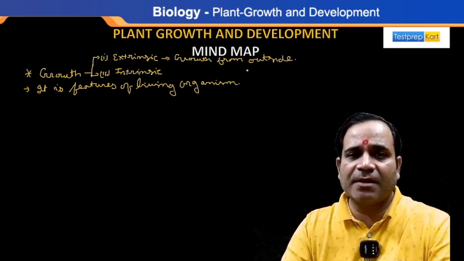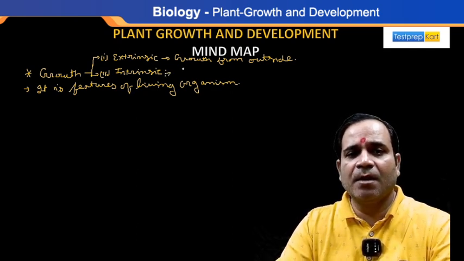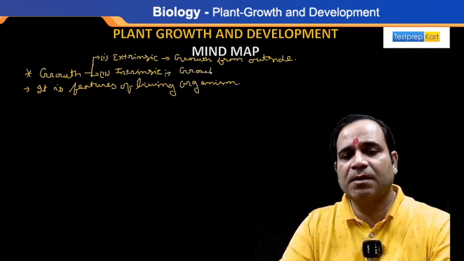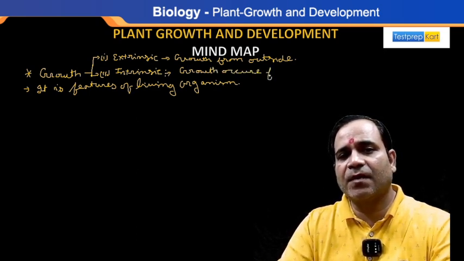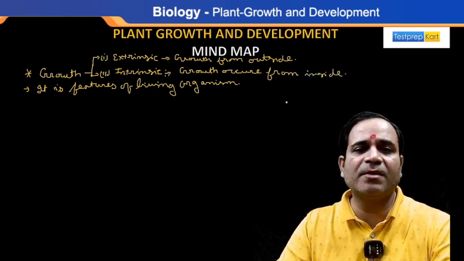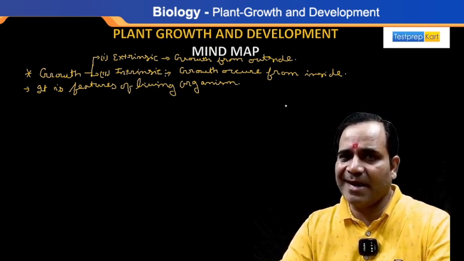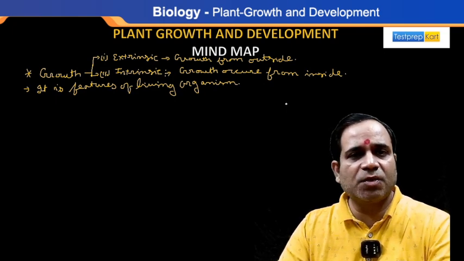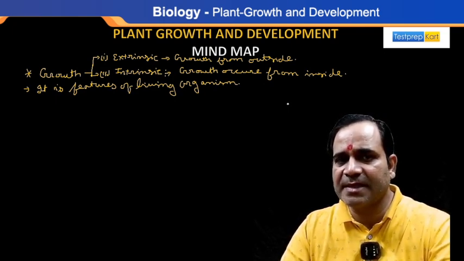But whenever growth occurs from inside, my dear, it is known as intrinsic growth. So basically there are two types of growth, extrinsic and intrinsic. This one is clear. The term growth is clear.